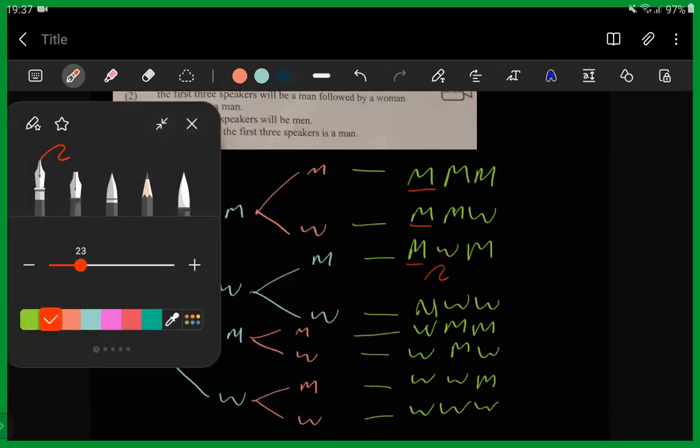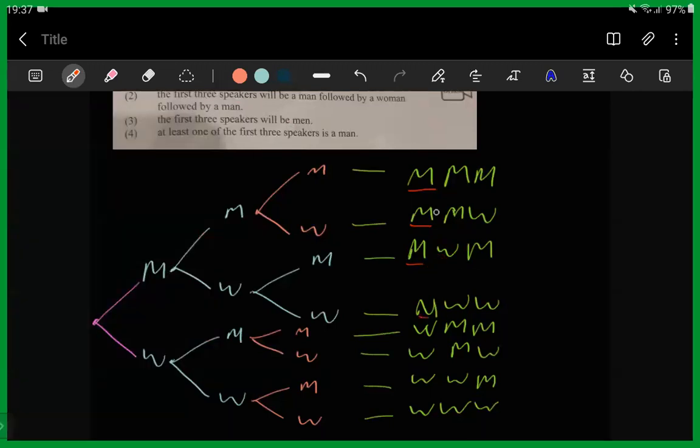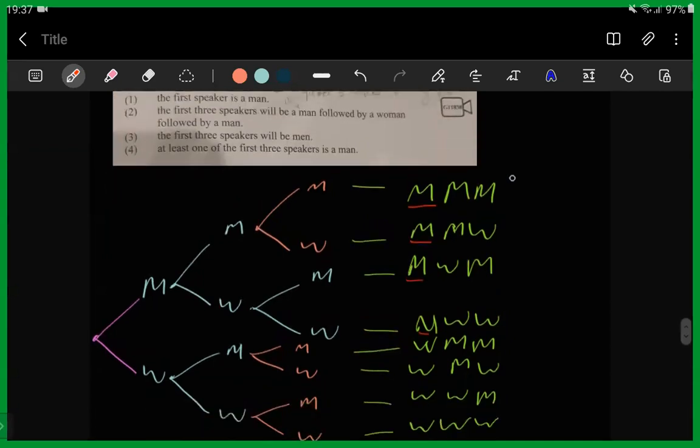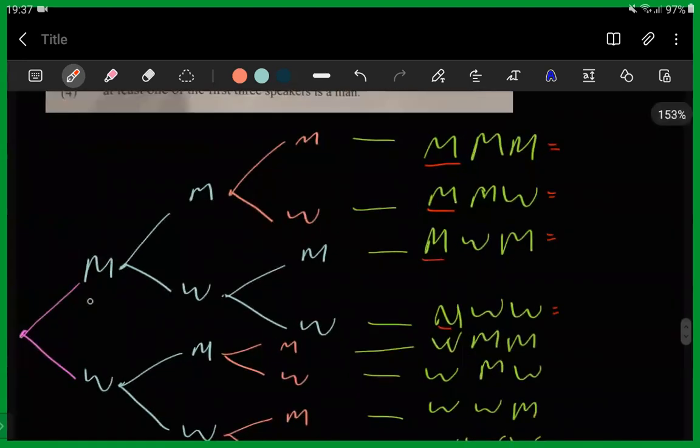So for those 4 scenarios, we have to work out their probabilities and then add them up. Probability of the first one, second one, third one, and fourth one. Wow, we have to do a lot, huh? The probability of choosing a man here is going to be 25 out of 45. Once you choose a man, there's 44 people left and only 24 men left.